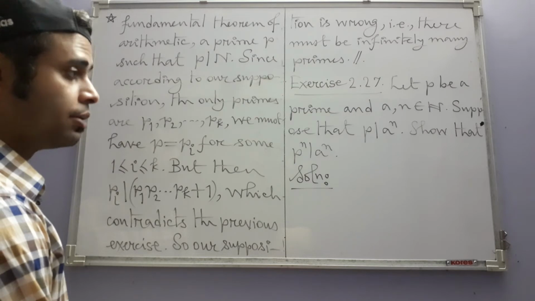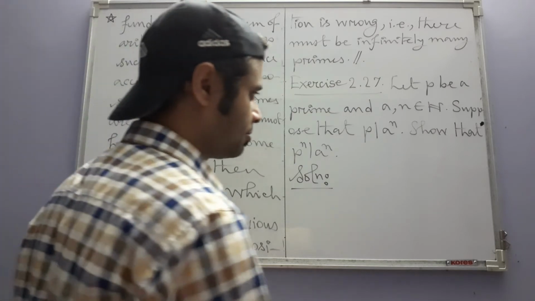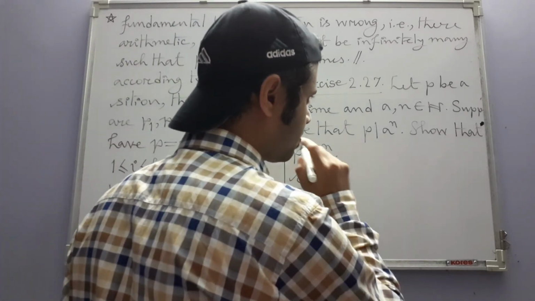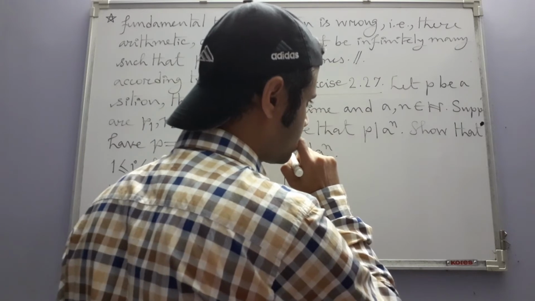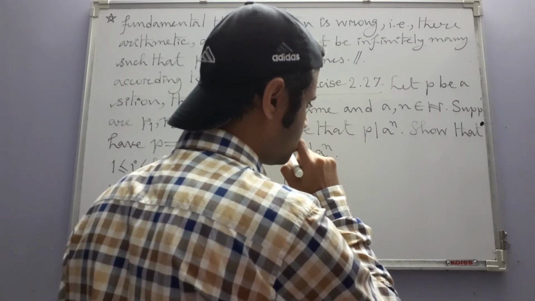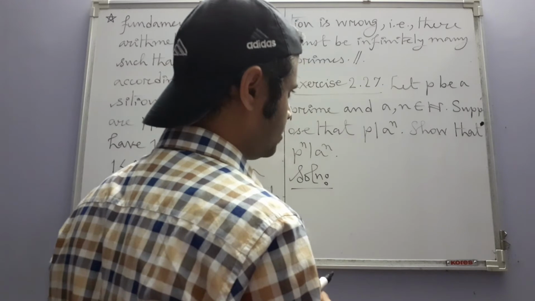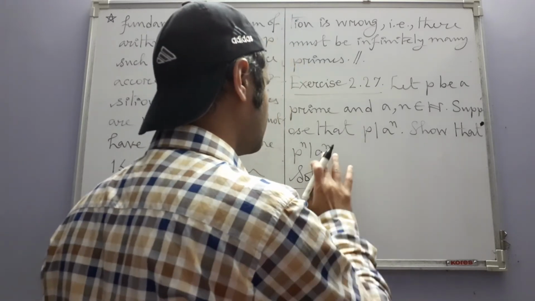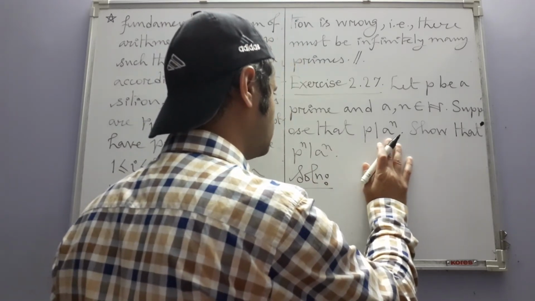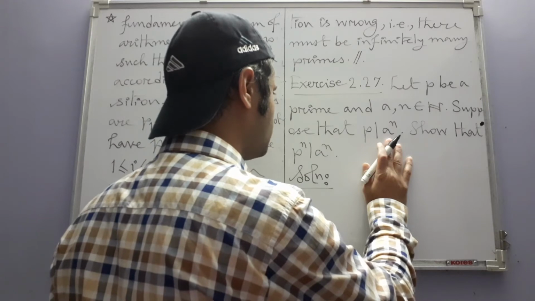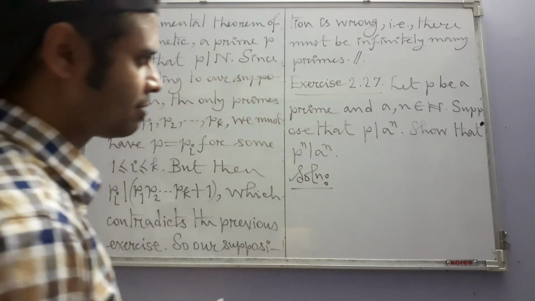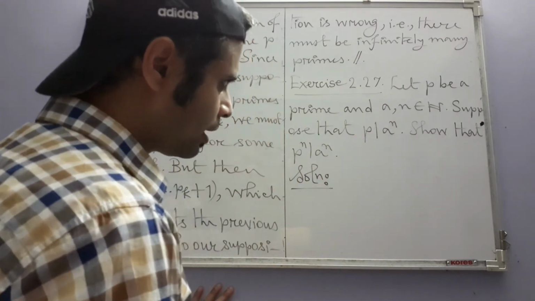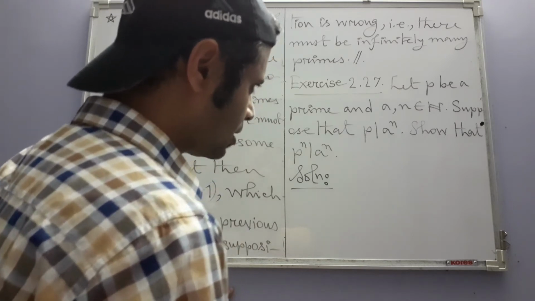But even so, no, that cannot happen. Is it possible to have a or n or both of them equal to 0?